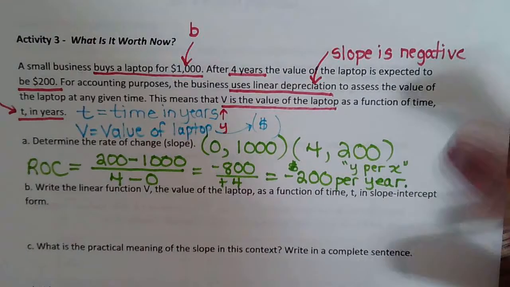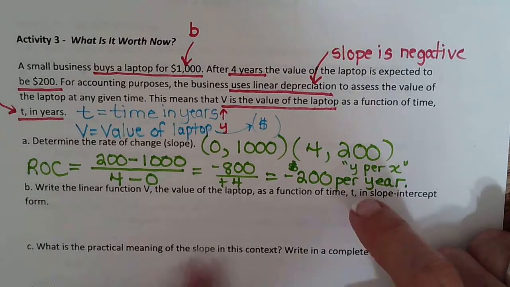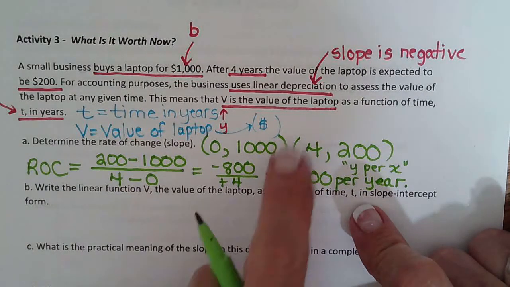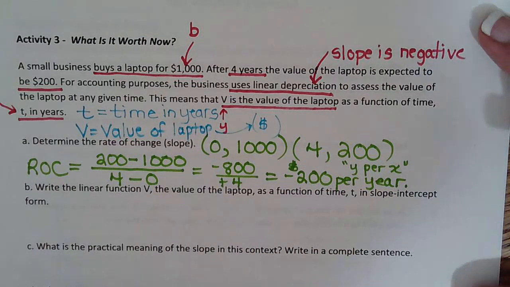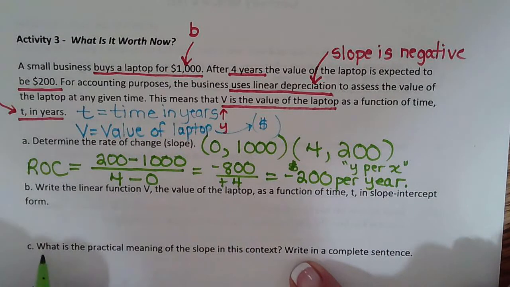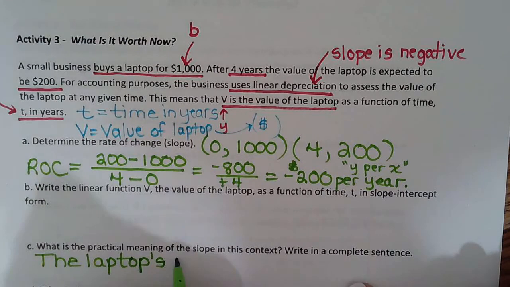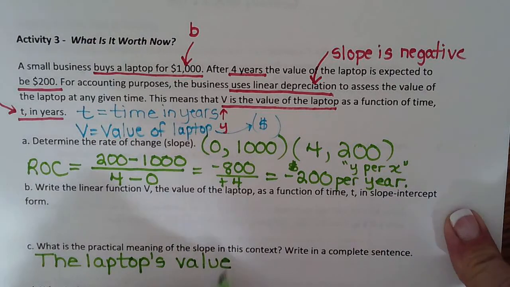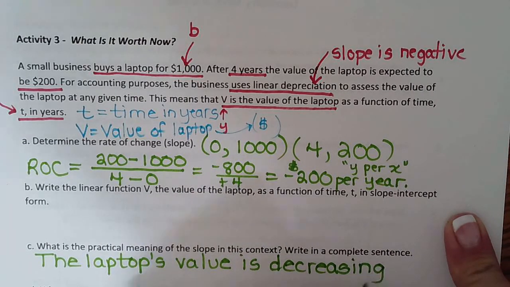So could you all write a sentence about that? The laptop's value is decreasing or depreciating by $200 per year. So let's go ahead and write that. What's the practical meaning of slope? The laptop's value is decreasing by $200 per year.